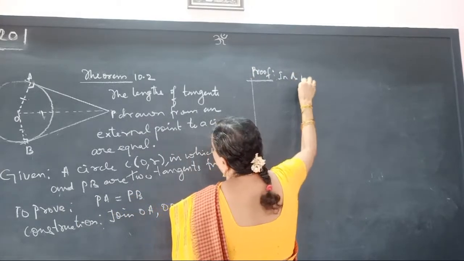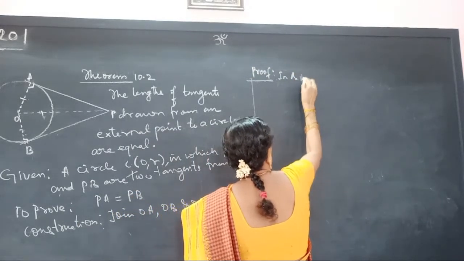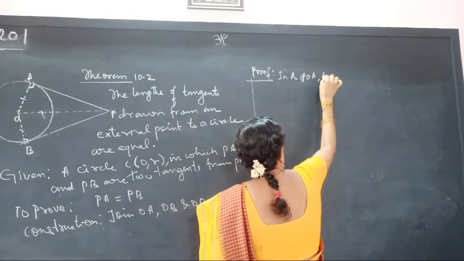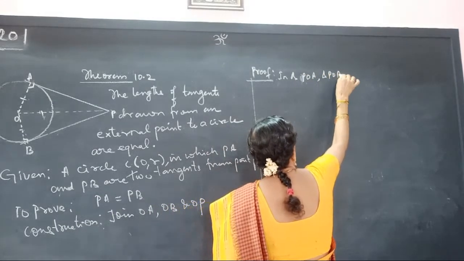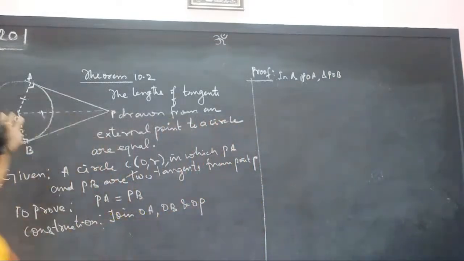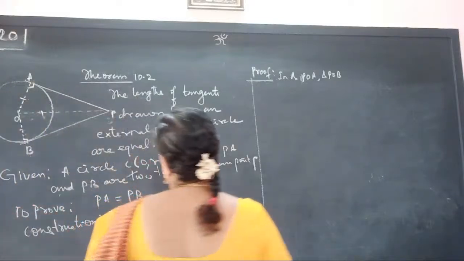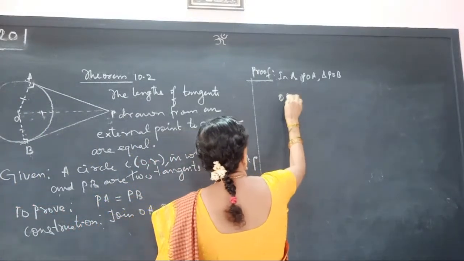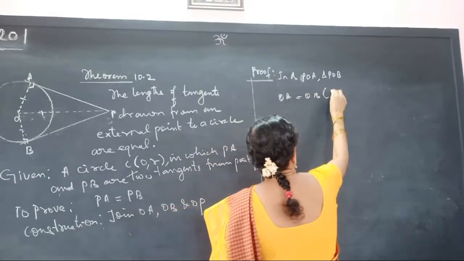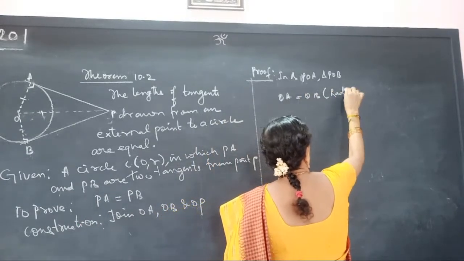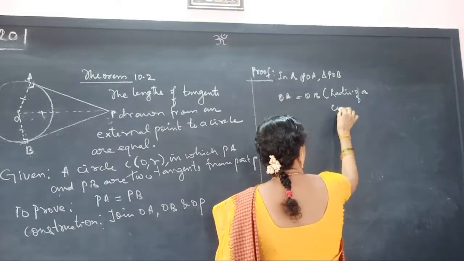in triangle POA and triangle POB. Either you can take it as OAP, OBP, or POA, POB, or APO, BPO. The order should be the same for both. We have OA equals OB, reason: radii of a circle.